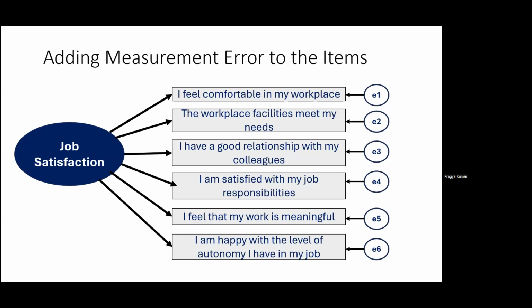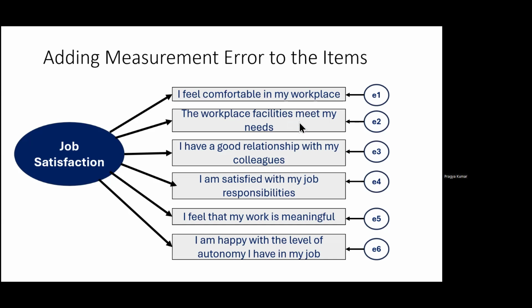What do I mean by this error? That change in this item score is not only getting affected by job satisfaction, but there might be some other construct also. Similarly, the workplace facility meets my needs. This item will not only get reflected or affected by job satisfaction, but there might be any other construct which might affect this.